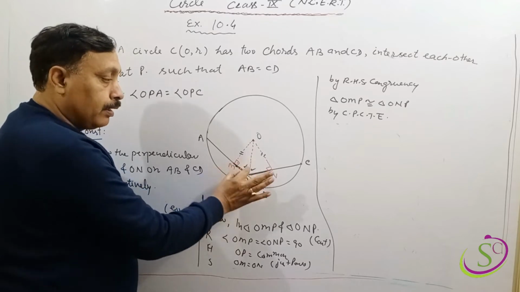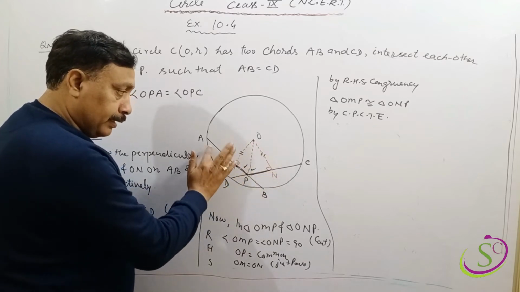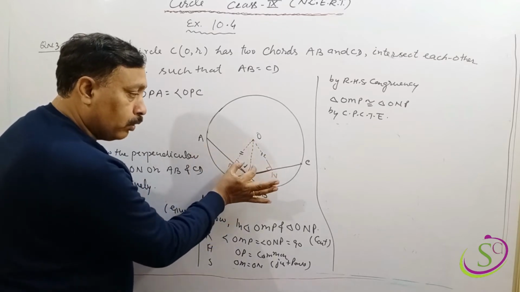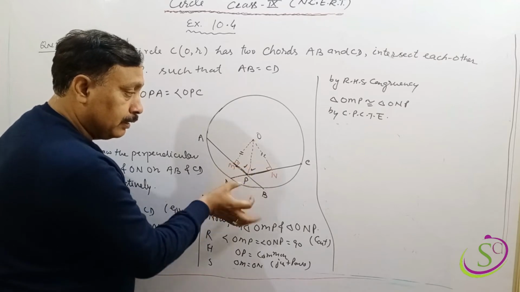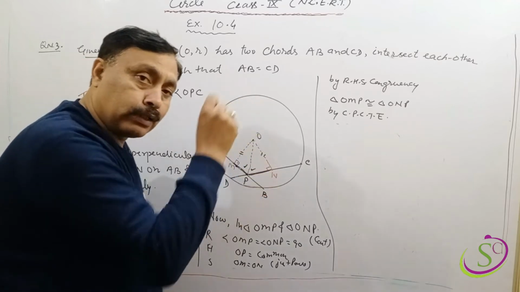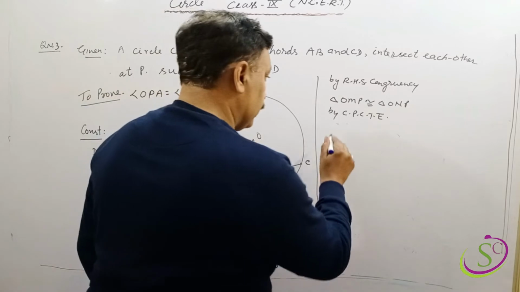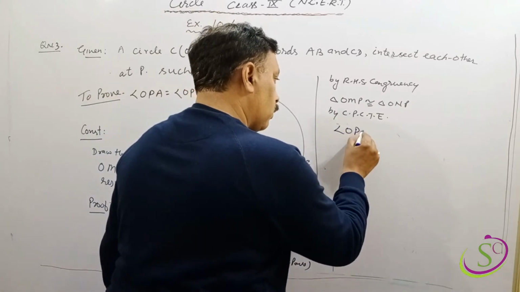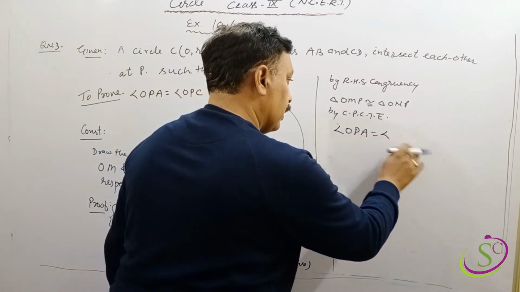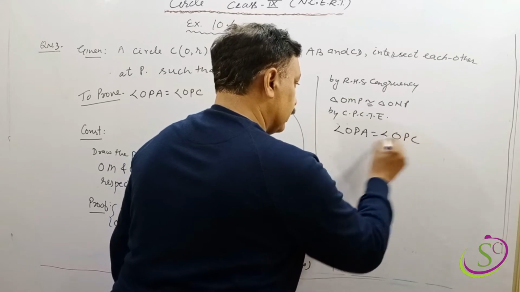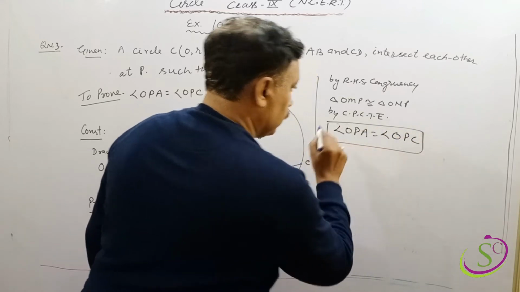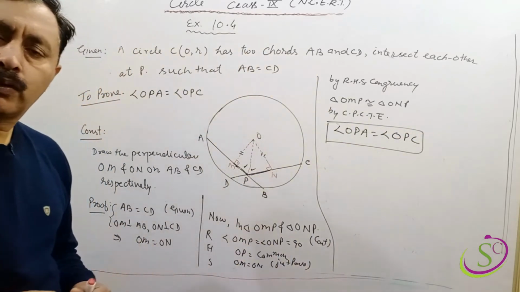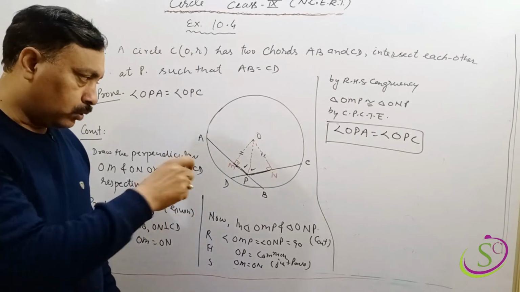This angle OPA and OPC, both the angles where the tick is there, so both the angles are equal by CPCT. Means angle OPA equal to angle OPC. Is it clear? This we have to prove. Okay, is it clear? So do it.